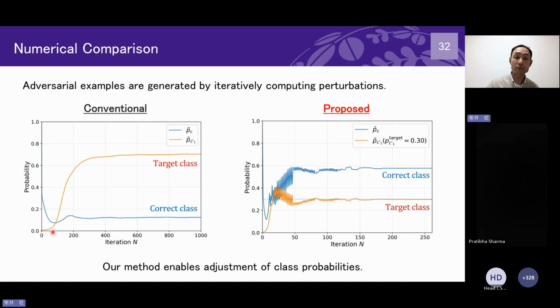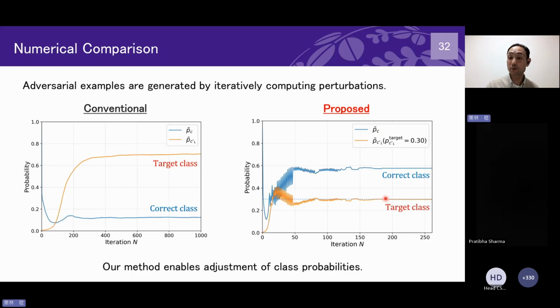But after some iterations, the target class probability becomes very high, and the correct class probability becomes very low. So in such a case, it is very easy for the malicious party to notice that the input is an adversarial example.